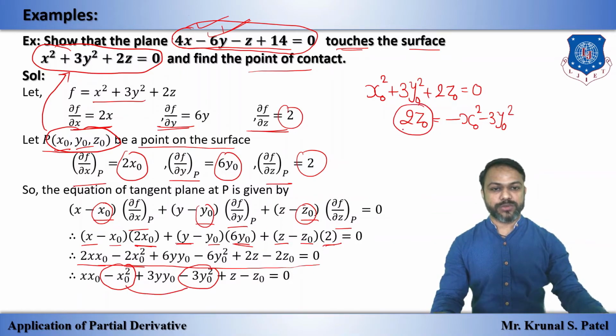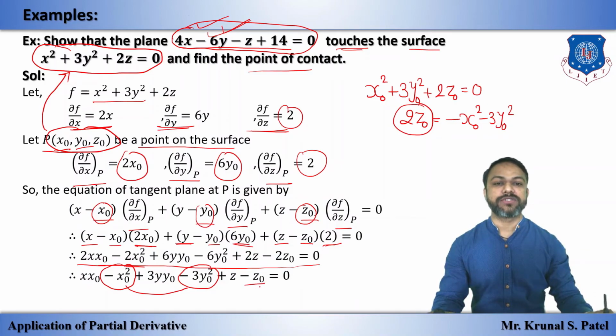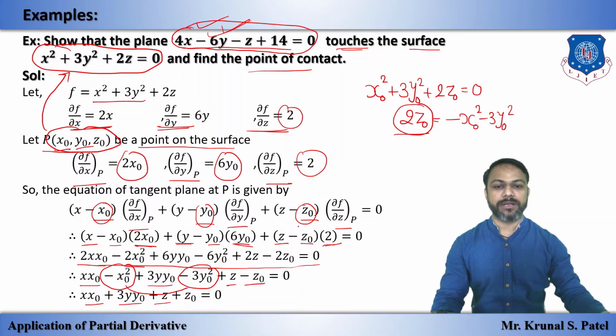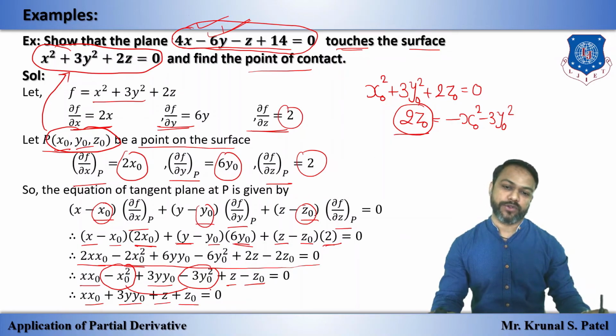So x0 as it is, 3y0 as it is, z as it is, and these two terms together give 2z0, and with this minus z0, plus 2z0 minus z0 gives plus z0.